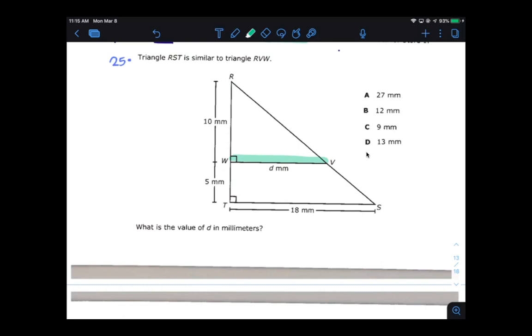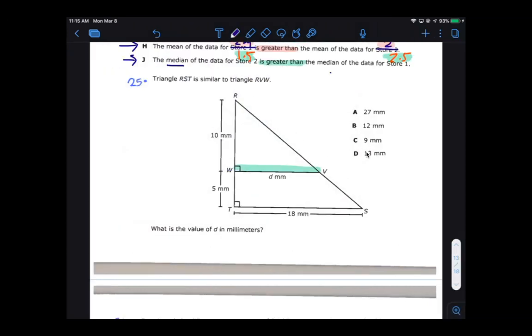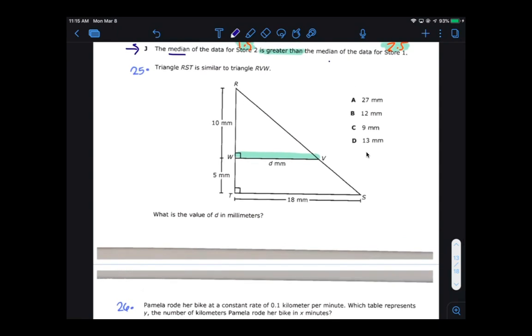So what I suggest is that you get the triangle outside of the other triangle. It's like this little one right here. I'm going to redraw it right here, and that leaves me with this is D.